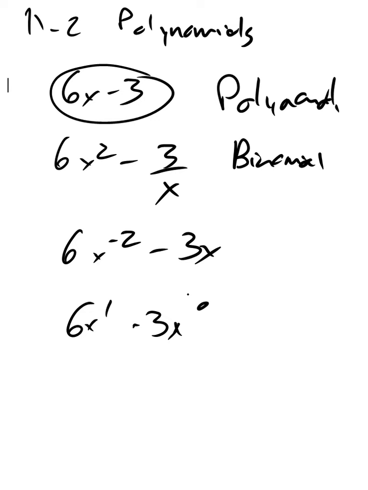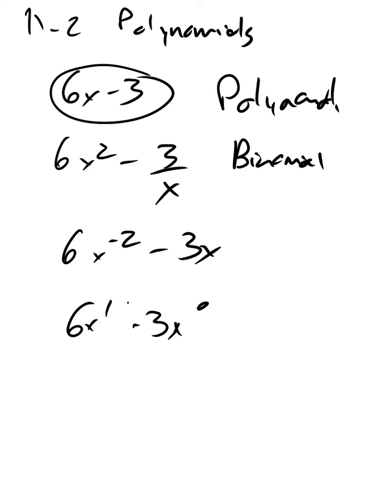So this one is going to have a degree of 1. This one would have a degree of 0 in this binomial. So keep those pieces in mind as you go through some of these things. If you have any questions on these things, you're going to have to let me know.